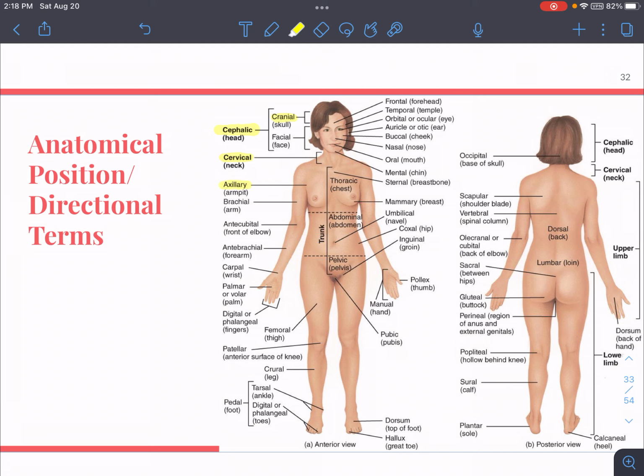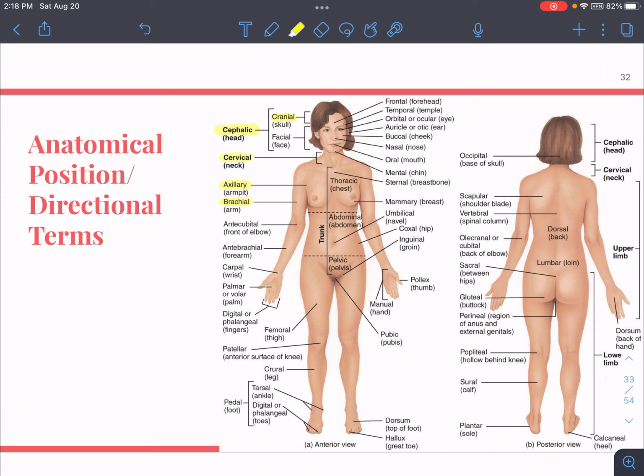Axillary is another word for your armpit. That axillary area is talked about a lot because there's a lot of lymph nodes in that area. So they're axillary lymph nodes, and that's how any nurse or doctor would talk about it. So if you hear the word axillary, you need to know that that's somebody's armpit.